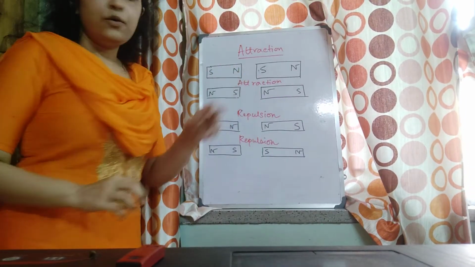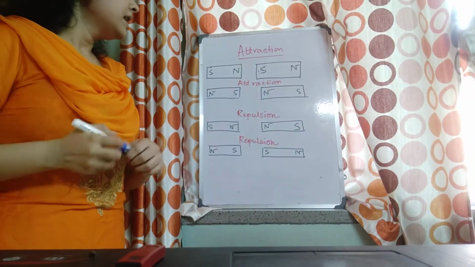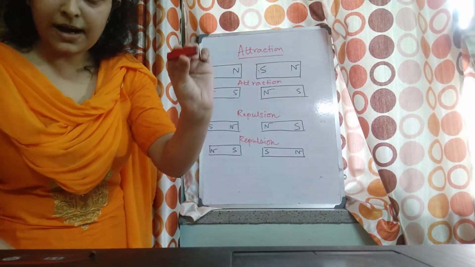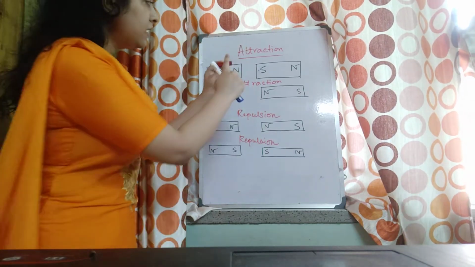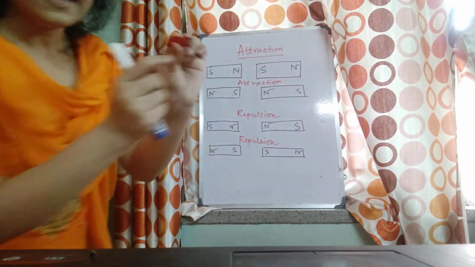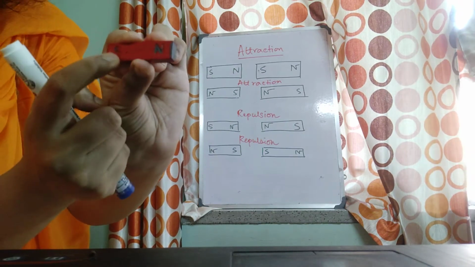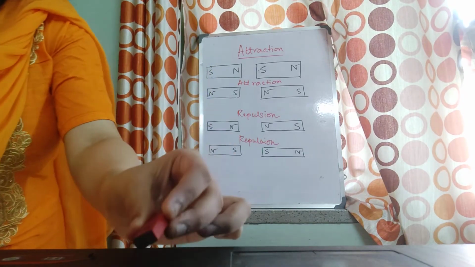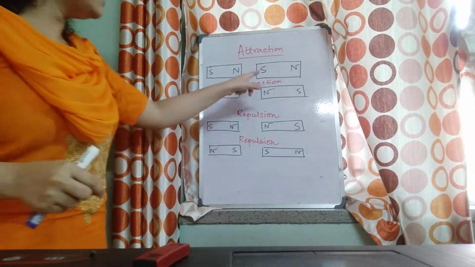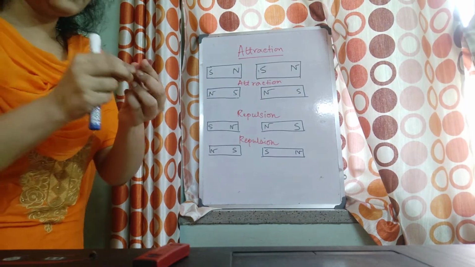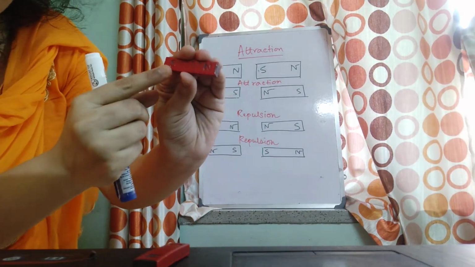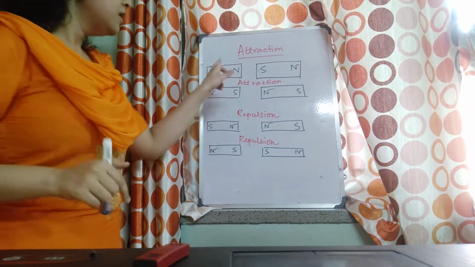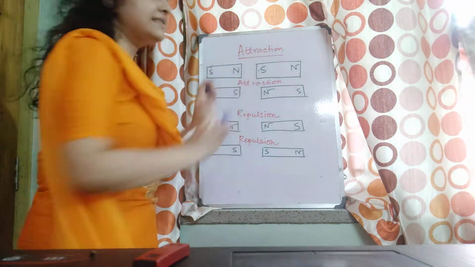See, when I am saying one bar magnet, say north pole, south pole, it's written over there, capital N, capital S. If I keep it and I keep another bar magnet in such a way, south pole, north pole, which two poles are facing each other?